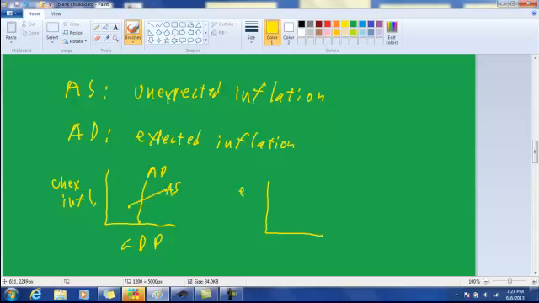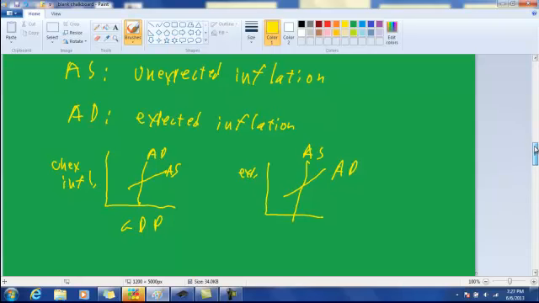And then with expected inflation, we get the opposite: aggregate demand goes up, but aggregate supply doesn't depend on it. So there really is no coherent way to represent aggregate demand and aggregate supply in inflation space because of this distinction. So I'm just going to leave it there and say that the picture of aggregate supply and aggregate demand is internally very confusing the more you look at it.